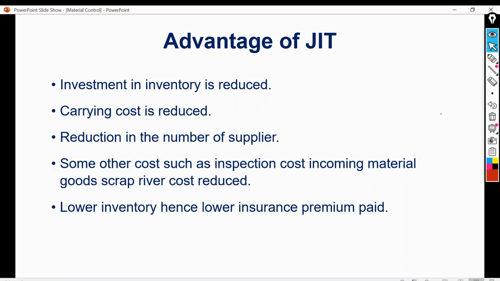In any factory premises the level of inventory or stock is zero or very low, hence the insurance premium paid in respect of inventory is also low, and godown rent, warehouse rent and storekeeper salary, such expenses also reduce under the JIT approach. Lower storage costs, as we have already discussed, because the quantity of inventory is zero or very low.